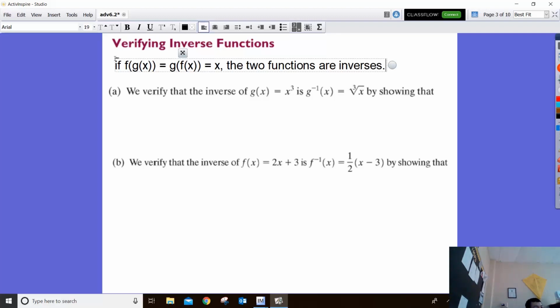I don't really care to do both of these. Which one do you want to do, A or B?